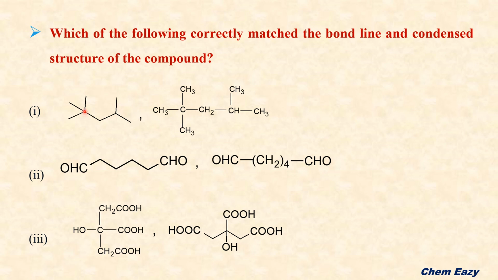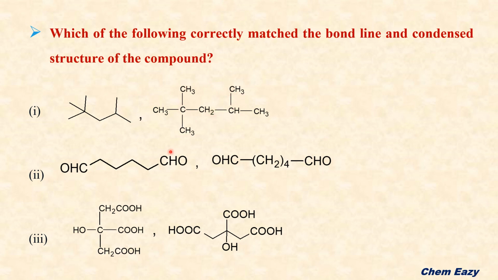Here carbon is there, bonded with 3 CH3. It means these 3 terminal ends are having CH3 group, methyl group. And here CH2, and here CH, which is bonded with 2 methyl groups. So it exactly matches with this structure.